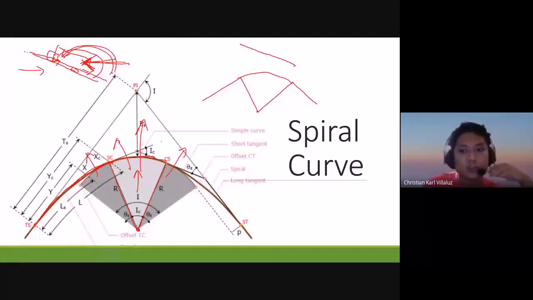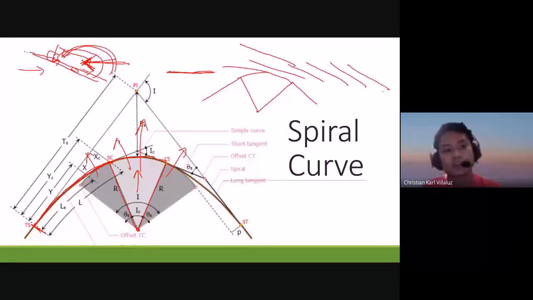So isa din yun sa purpose ng spiral curve is magkaroon din ng transition from having a flat surface. So actually hindi flat surface din ang road natin. May slope din yan. Pero sa transition curve from the straight road which has a flat surface, meron din siyang transition in having the maximum super elevation or slope ng curve.